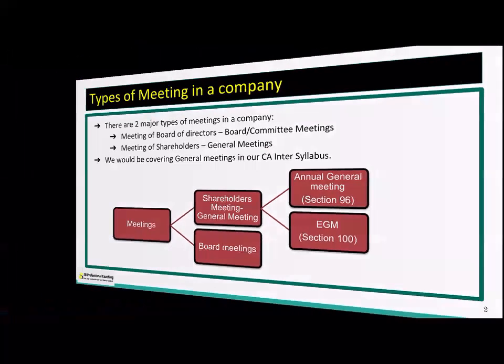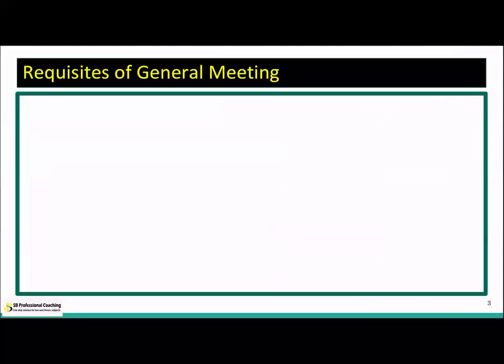Now, as far as requisites of meeting are concerned, these are the essentials which make the meeting valid. If any of these essentials or requisites are not met, then the meeting would itself become void, and all the business that has been conducted in the meeting would also in turn become void. Hence, it is extremely important to understand these requisites.